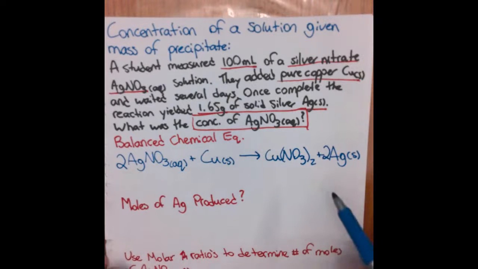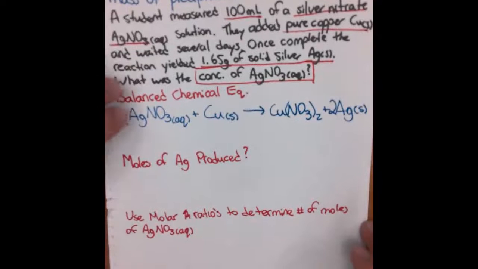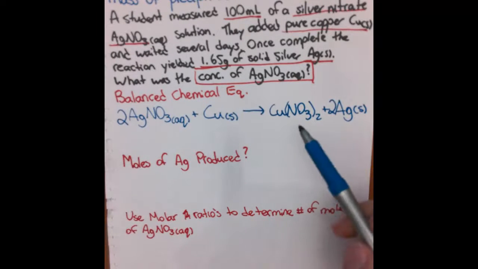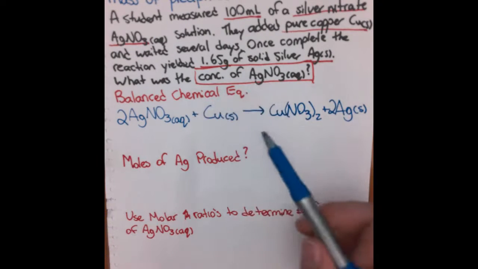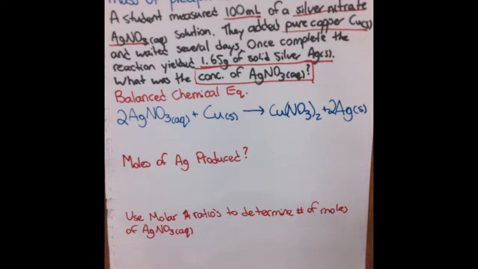Now we can use this balanced chemical equation throughout the reaction, but specifically we're going to mainly use it for our mole ratios. When we're looking for anything, especially with concentration, it's always good to think automatically, how many moles do we have that are going to be produced?